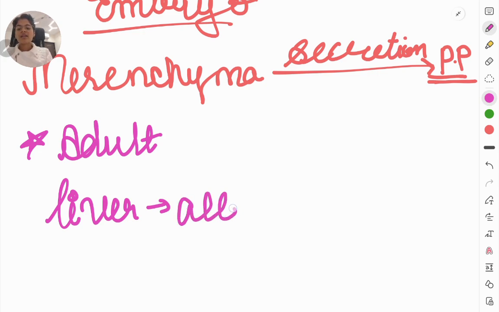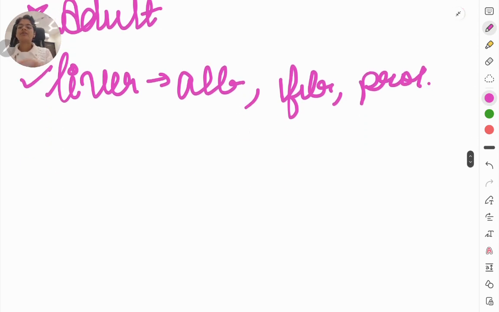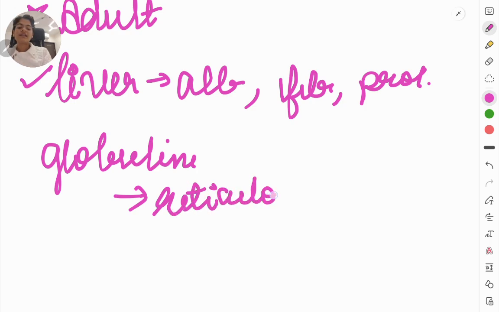So the albumin, fibrinogen, prothrombin, these are formed from liver, but the globulin is formed from the reticulo endothelial cell.